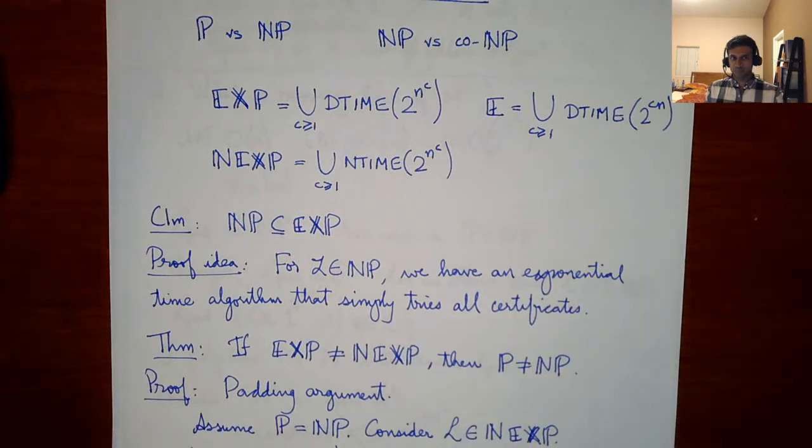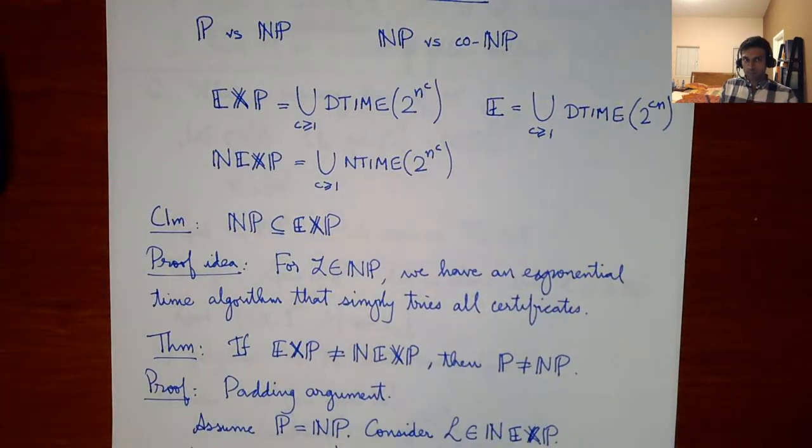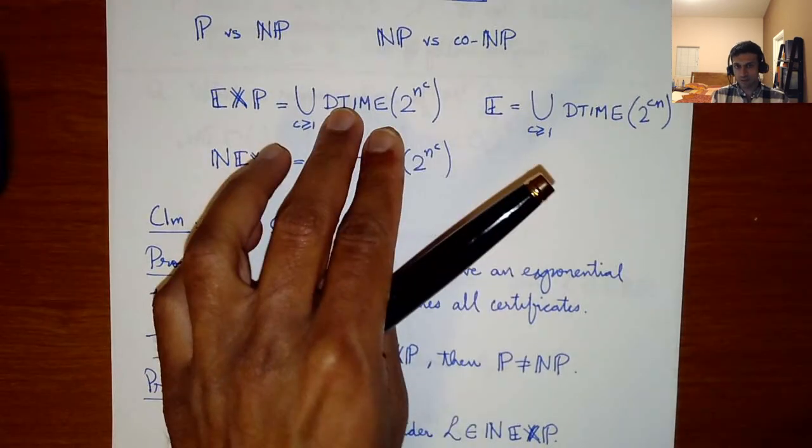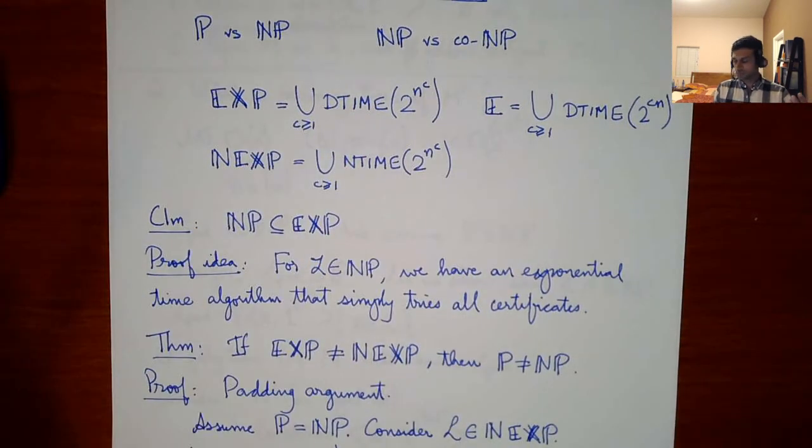Also, because we think of polynomial time reductions as efficient, suppose you had an exponential time algorithm but you applied it after doing a polynomial time reduction. The problem is that the reduction could blow up the input by a polynomial. So if you want to have nice notions of reductions as well, then you need to have 2 to the n to the c. Does that make sense?